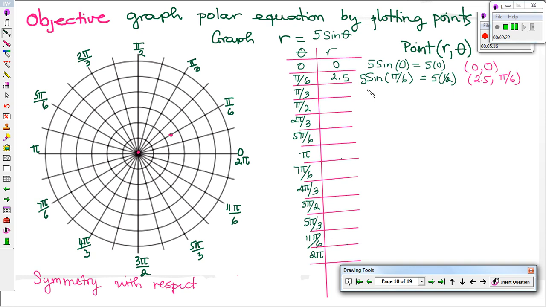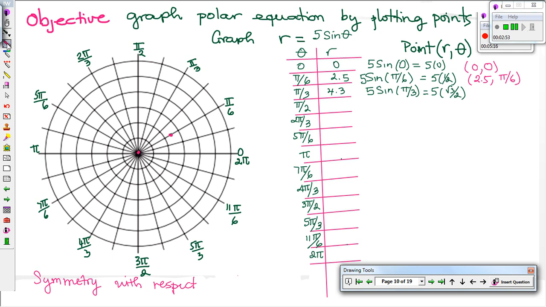Next we substitute theta for pi over 3, so 5 times sine of pi over 3. Sine of pi over 3 is square root of 3 over 2, and that will give us 4.3.